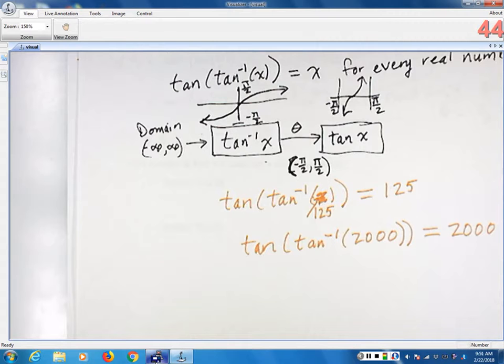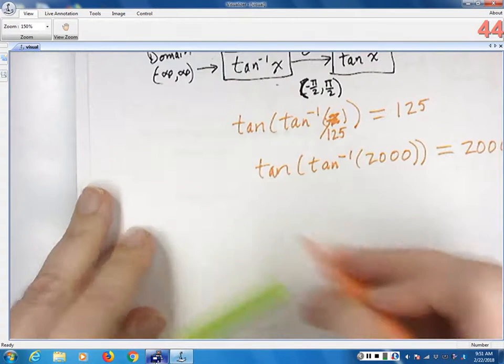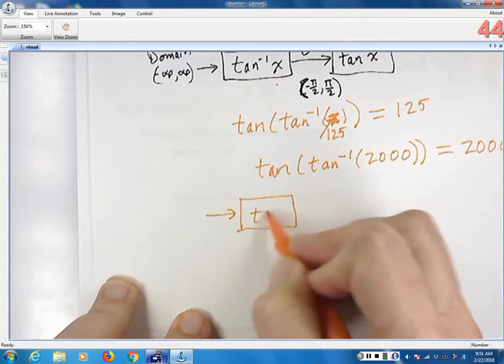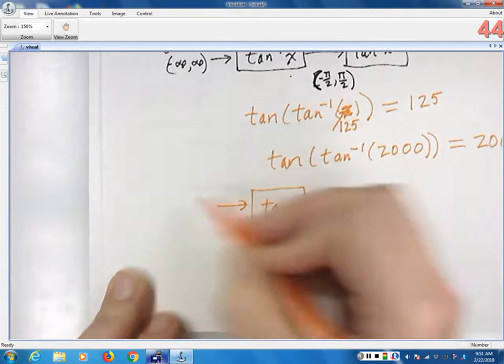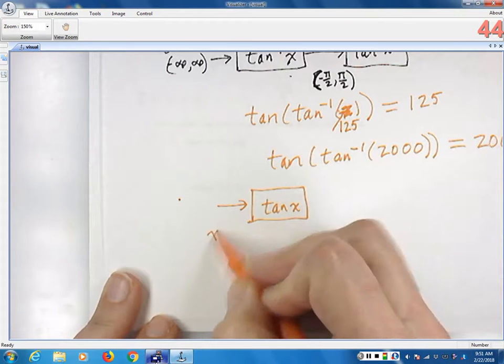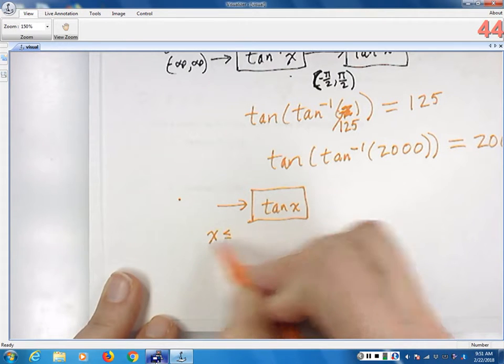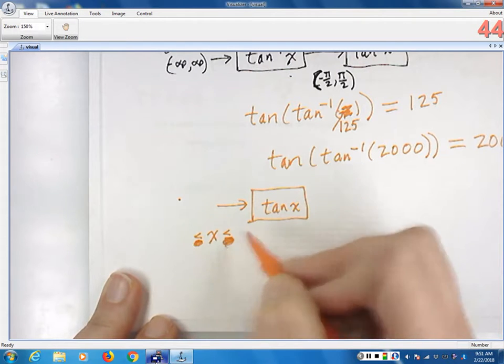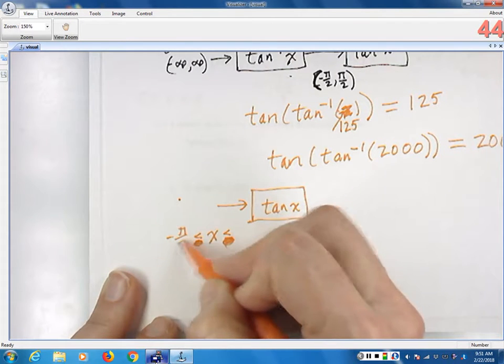These are composite functions. So if we drew, if we're going into tangent x first, we have a restriction that x has to be between, not equal signs, minus pi over 2 and pi over 2.